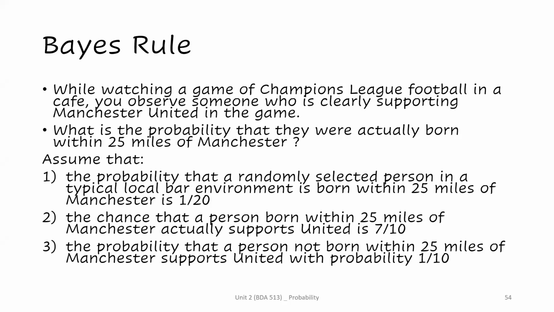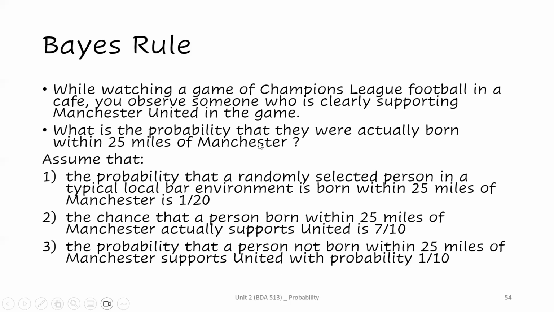And then the probability that a person not born within 25 miles of Manchester supports United is 1/10. So you might have some supporters of Man U who are beyond the 25 miles we are talking about, but they support Man U. So what we want to check is the probability that they were actually born within 25 miles of Manchester.